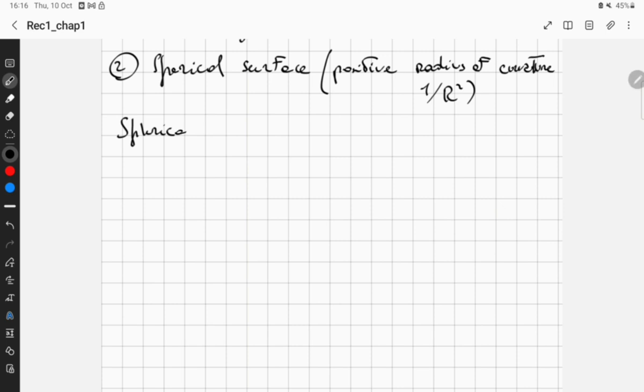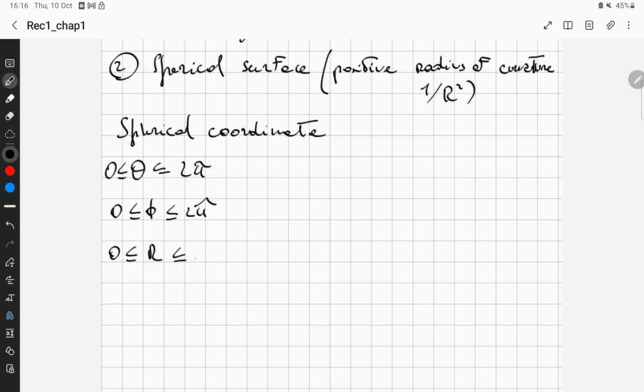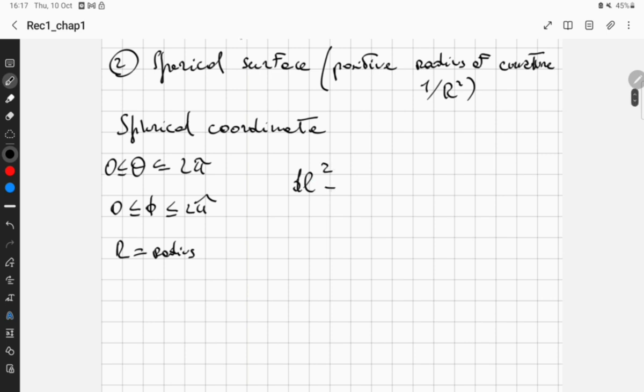So, of course, this is better described by spherical coordinates, which we remember are theta defined between 0 and 2 pi, phi defined between 0 and 2 pi, and r defined as the radius of the sphere.